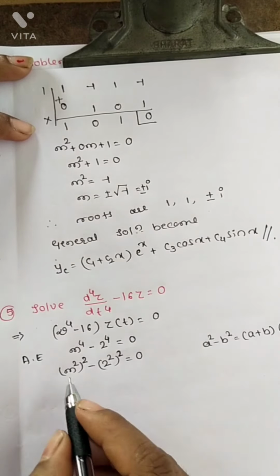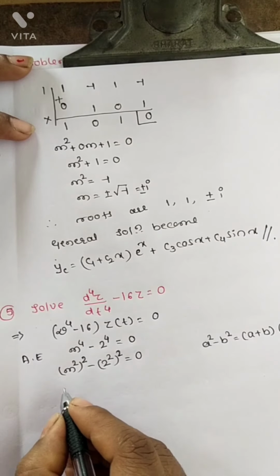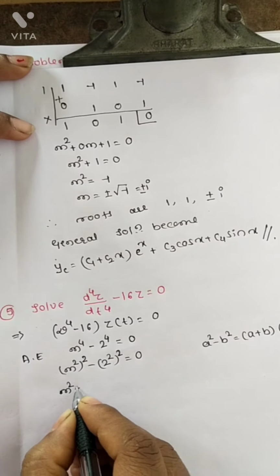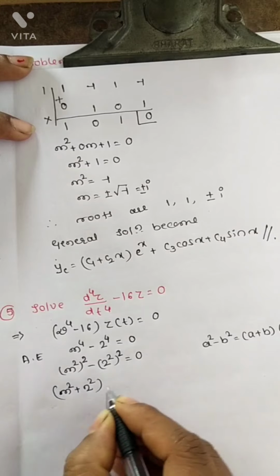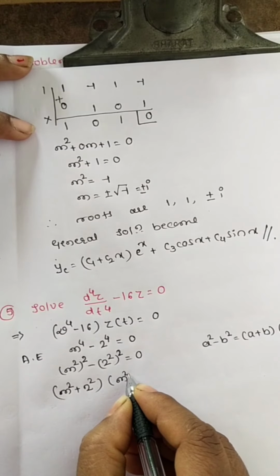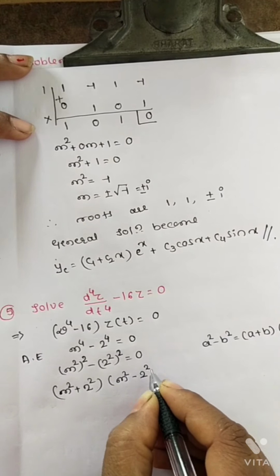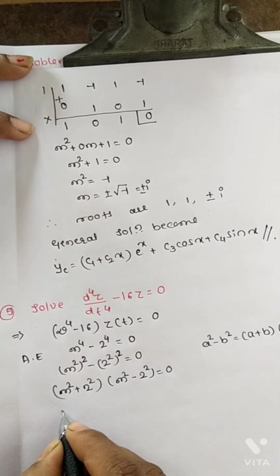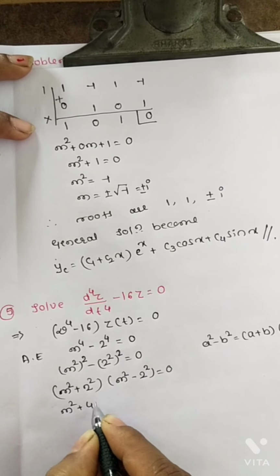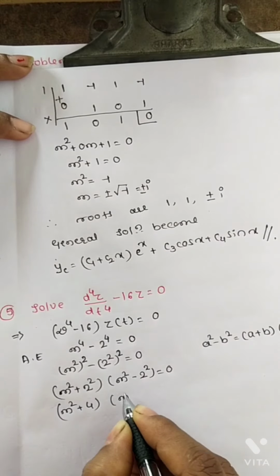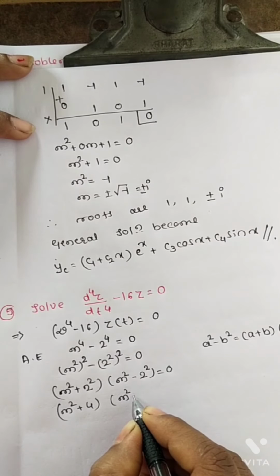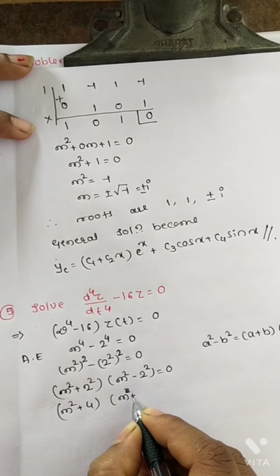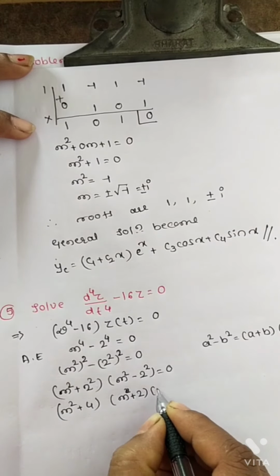Here a is m square, b is 2 square. It becomes m square plus 2 square, and here m square minus 2 square is equal to 0. Means m square plus 4, and here we can take m plus 2, m minus 2. Means the a square minus b square form we have to apply here.